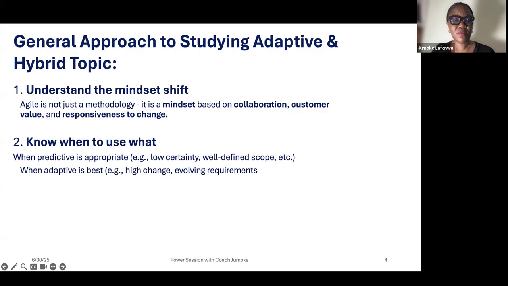Adaptive is for when the scope is evolving. I have an idea what I want, but I'm not very sure of it. My all-time example is WhatsApp. When WhatsApp started, we couldn't make calls, we couldn't do conferencing, we couldn't form groups, but they started with just sending messages on data, and we were excited.